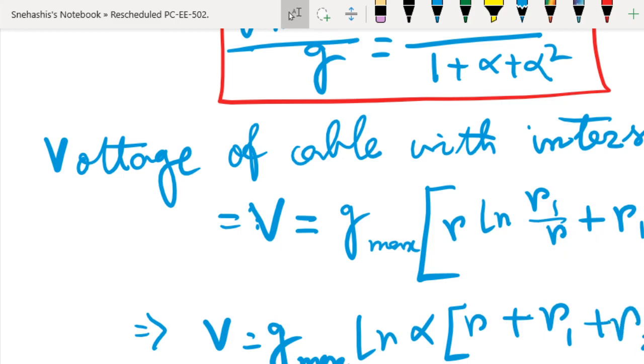This is ln alpha, this is ln alpha, this is ln alpha. So ln alpha will be common, that will be r plus R1 plus R2. So that is the expression right now.